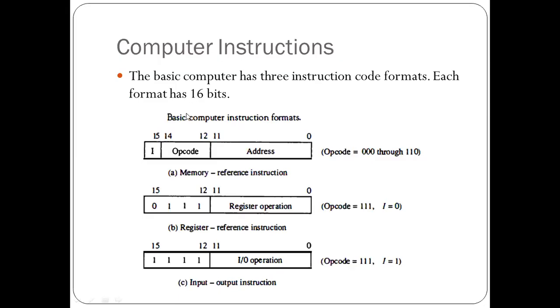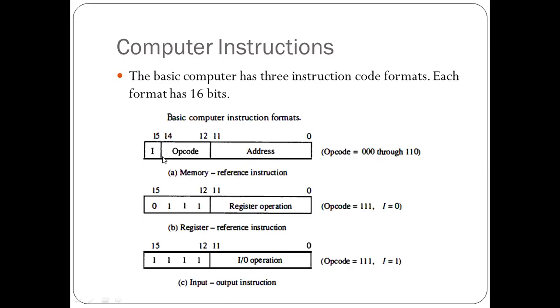the opcode bits, 12, 13, 14, and 15, will decide the type of instruction, whether it is memory reference, register reference, or IO operation.